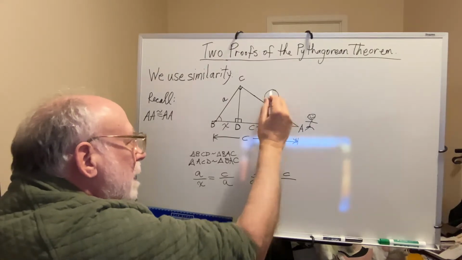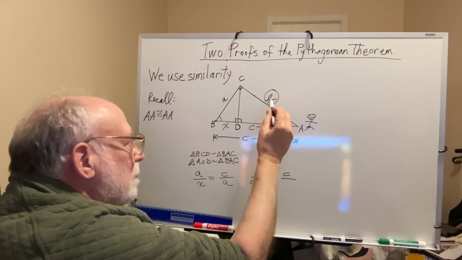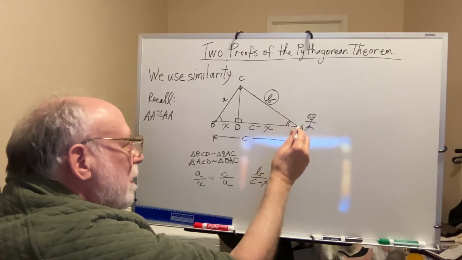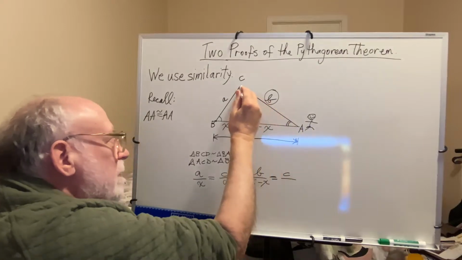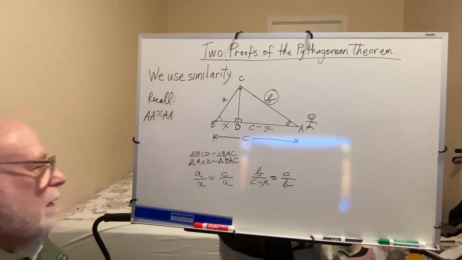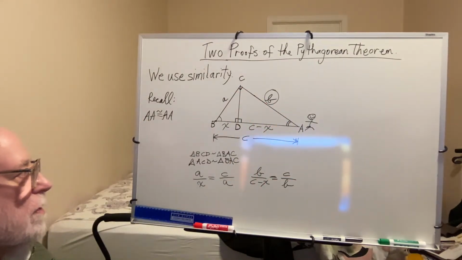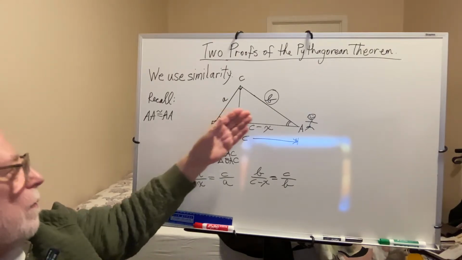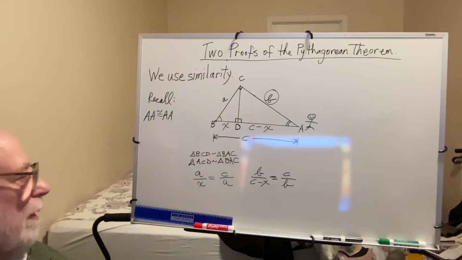B takes the role of a leg of the big triangle when you stand here, when angle A makes up this side with this leg. So here we have these proportions that relate the big triangle to the one on the left and the one on the right by the similarity.